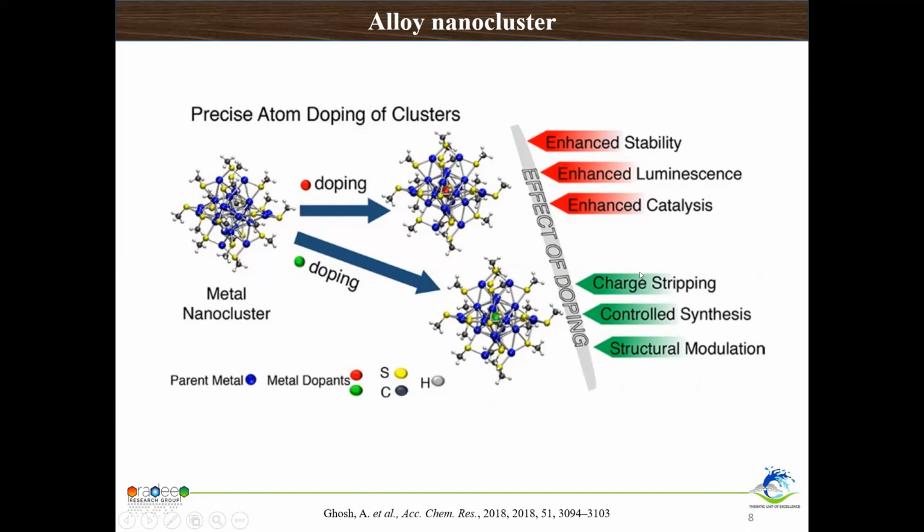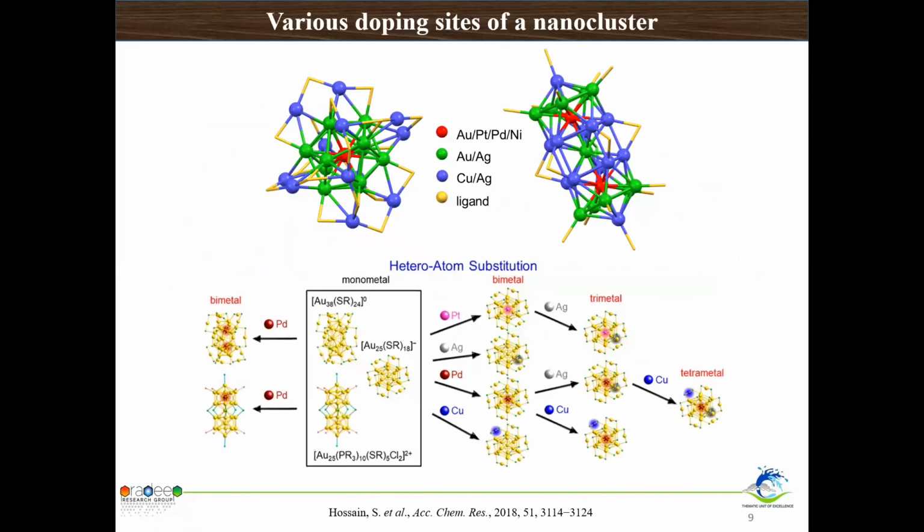Hence, it is of high importance to make alloy nanoclusters for tailoring their properties and broadening their applications. During the doping to make alloy nanoclusters, there are various doping sites, and depending on the foreign metal atoms and synthetic procedures, these doping sites can be changed.